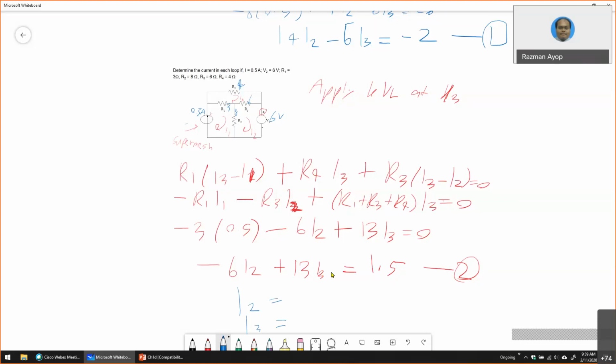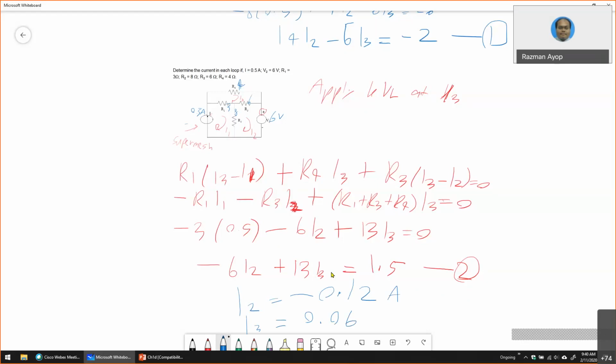So what is I2? Has anybody got the answer? I2 is negative 0.12, and I3 is 0.06.